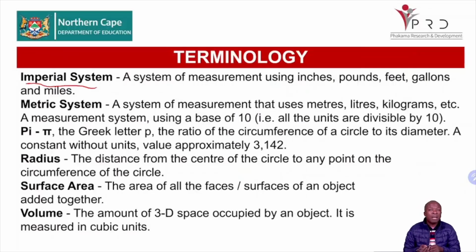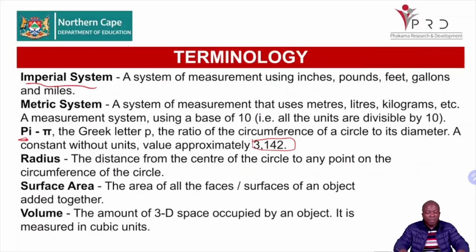All right. Then along the way, most of our work will be using pi. Pi, I've explained to you, is the Greek letter P, the ratio of the circumference of a circle to its diameter. Meaning when you take any object that is round, the length that you get divided by the diameter of that round object, you are going to get 3.142. That is why in examination all the time we are giving you 3.142.